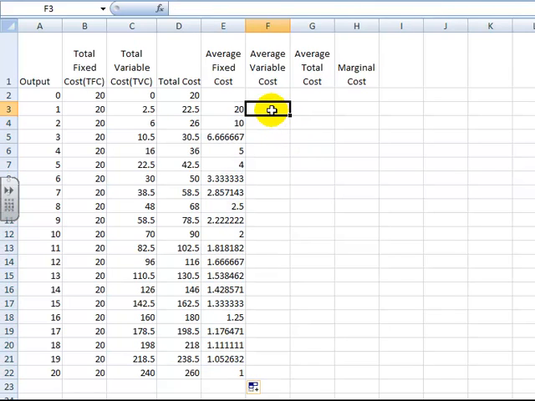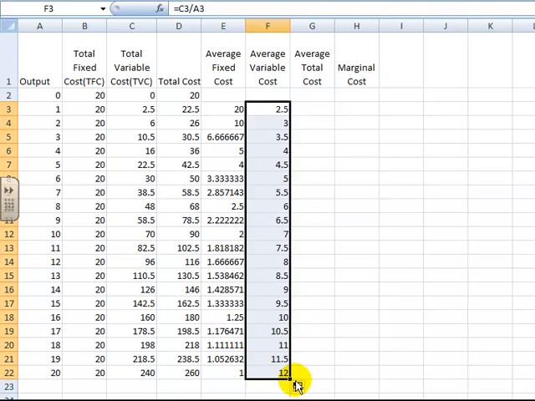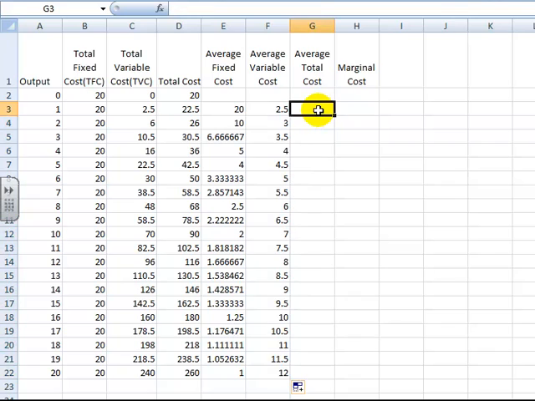Next one, the average variable cost equal to total variable cost divided by output. So copy the formulas. Then we get the average total cost equal to average fixed cost plus average variable cost.